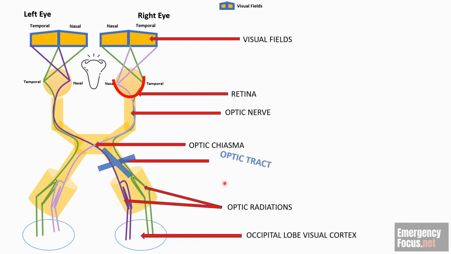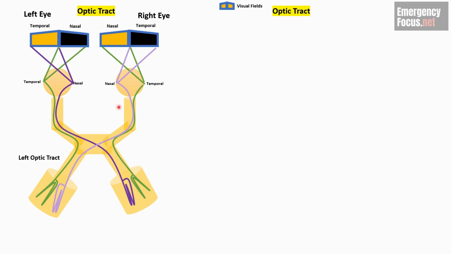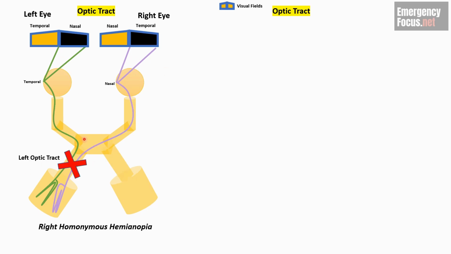Let's now see what happens when we have damage in the optic tract. Okay, so remember, we'll have a binocular visual field defect. It will affect both eyes. Consider that we have a damage on the left optic tract. I have removed the other side of the visual pathway that we don't need at the moment. So remember, left optic tract.